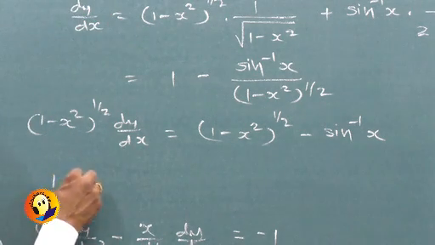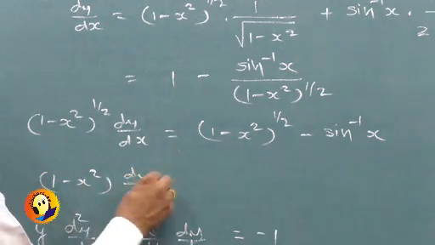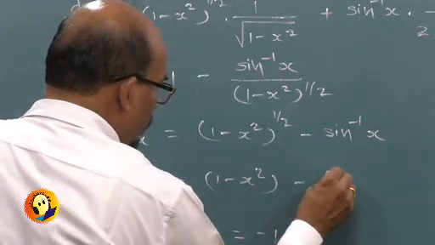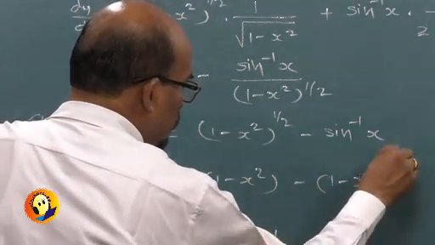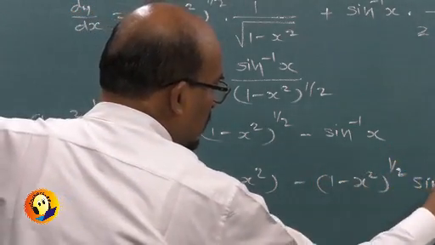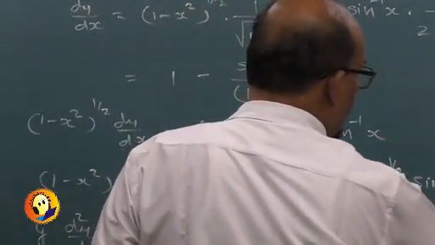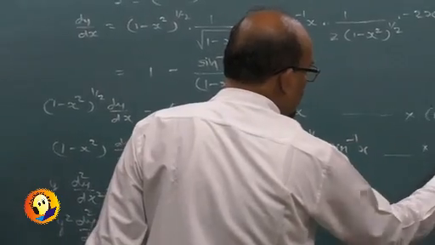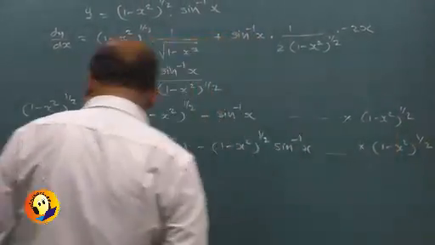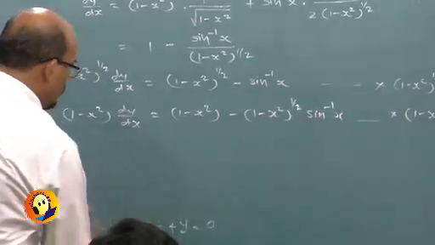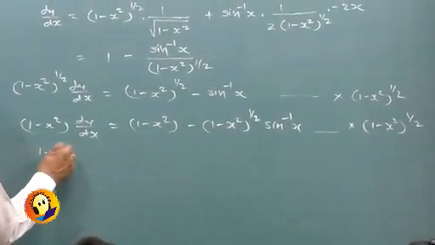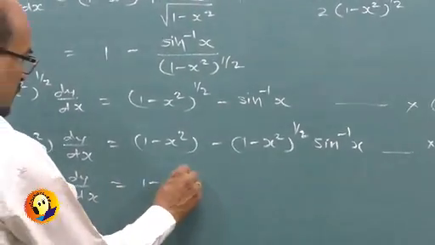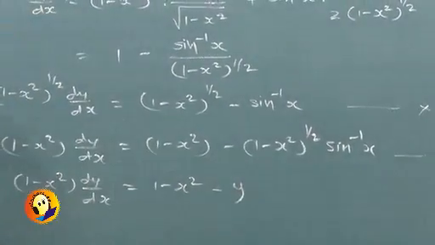So 1 minus x square dy by dx equal to 1 minus x square minus 1 minus x square raised to half sin inverse x. I have multiplied by 1 minus x square raised to half and again by 1 minus x square raised to half, so that I can get y. So it is 1 minus x square dy by dx equal to 1 minus x square minus y.